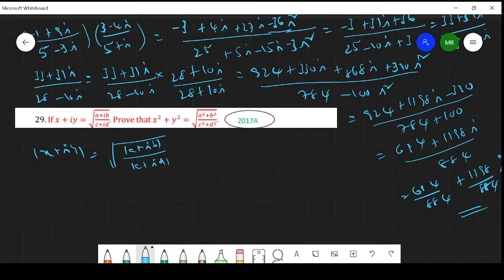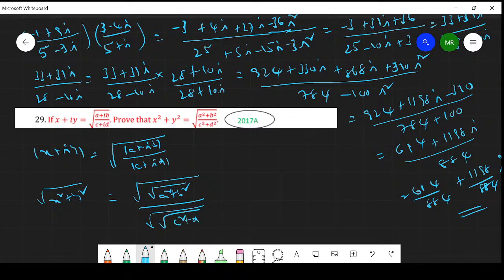Then we know mod x plus iy is root of x square plus y square. So on the right, mod a plus ib is root of a square plus b square, and mod c plus id is root of c square plus d square. It comes like this, right?